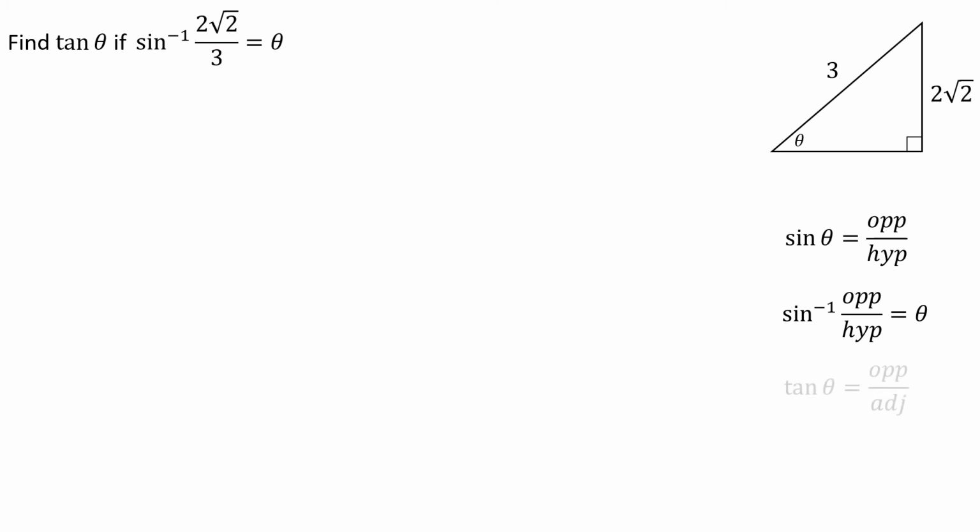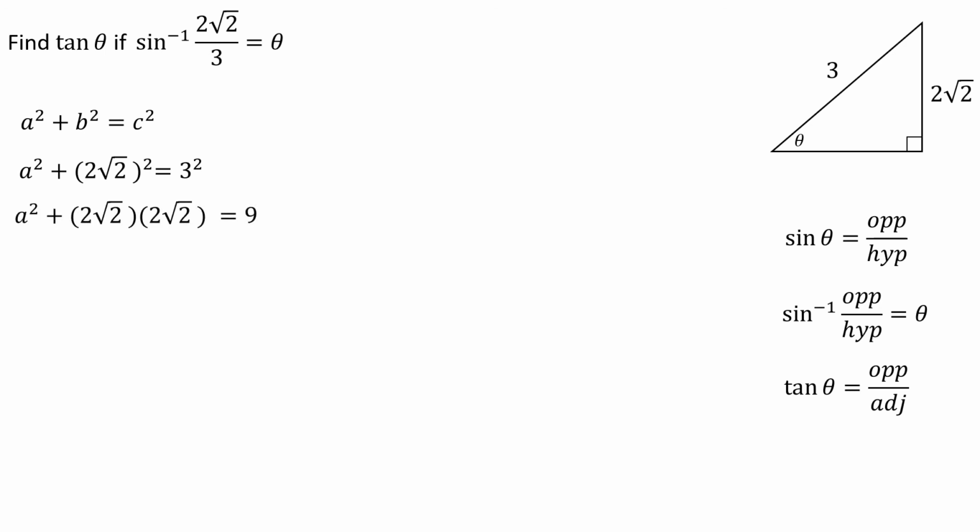And of course, if I want tangent, I have to do opposite over adjacent. Let's find the adjacent side. Pythagorean theorem. Hypotenuse is 3. That 2 root 2 I can put in as A or B, does not matter. 3 squared is easy, that's 9, but the 2 root 2 quantity squared is a little bit trickier to figure out.